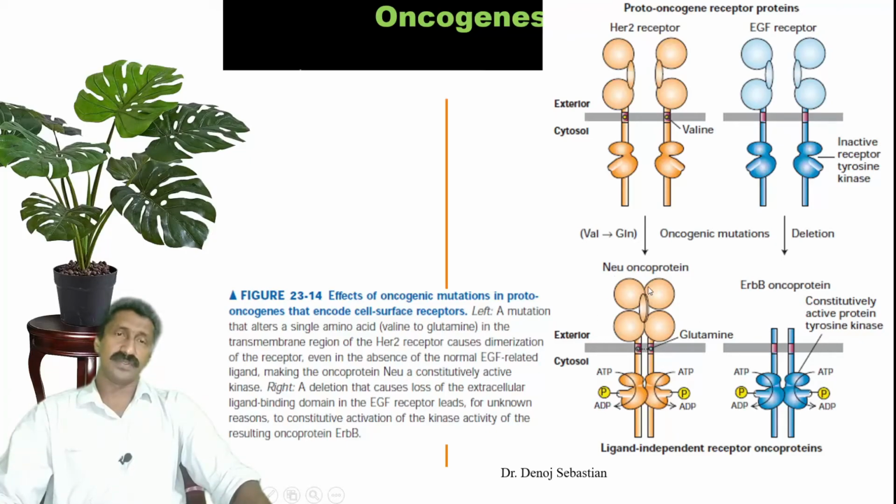Usually it requires some external stimulus, but that is no longer required once this change of valine to glutamine is done. Here the EGF receptor is an inactive receptor without any external stimulus. It is not active, but a deletion of the external receptor component renders the entire molecule a constitutively active tyrosine kinase.